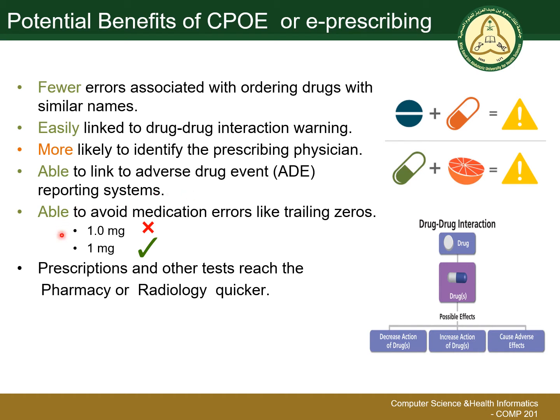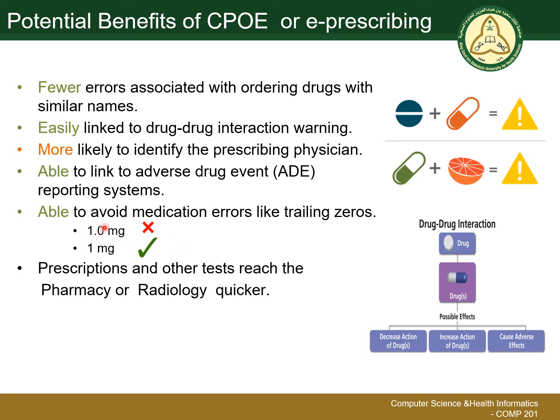Also, the system will be able to avoid medication errors like trailing zeros. So there will be no need for the zero. It will be taken off, and decimal points will be cleared.